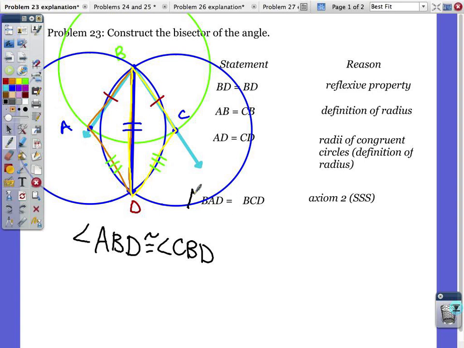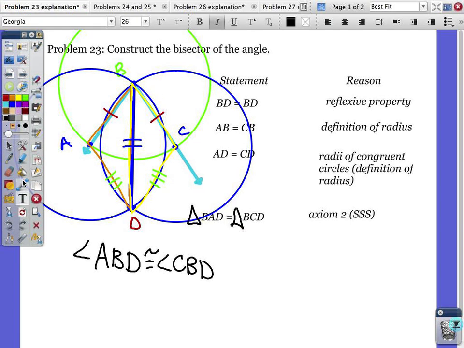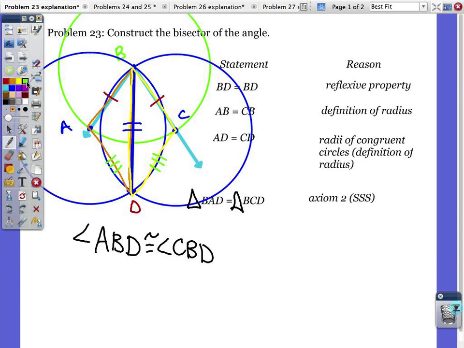Now, angle ABD is congruent to angle CBD. All right, so we've said these two triangles are congruent now. So does that tell us that other things are congruent? What does it tell us is congruent now? Angle ABD, this angle, is congruent to which one?